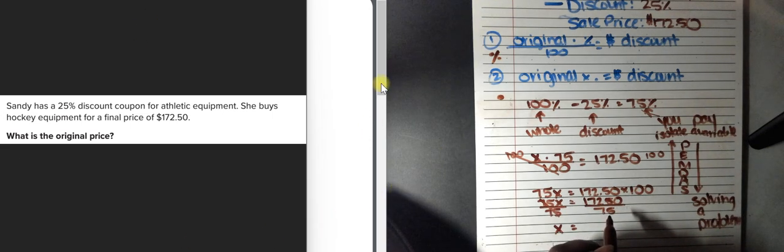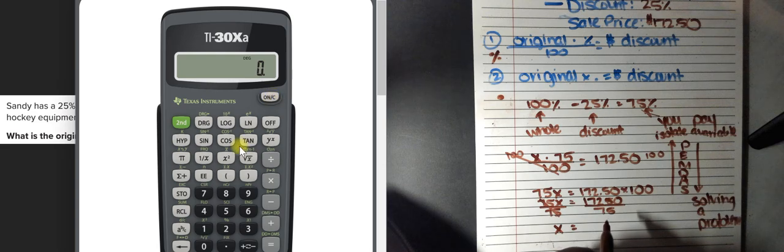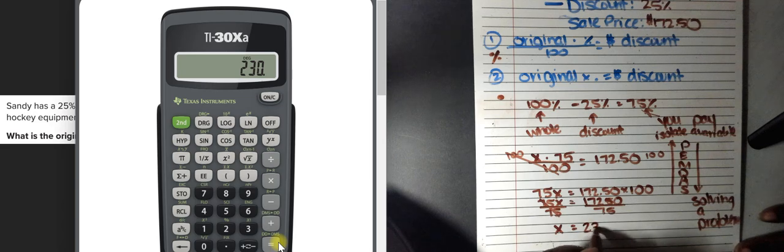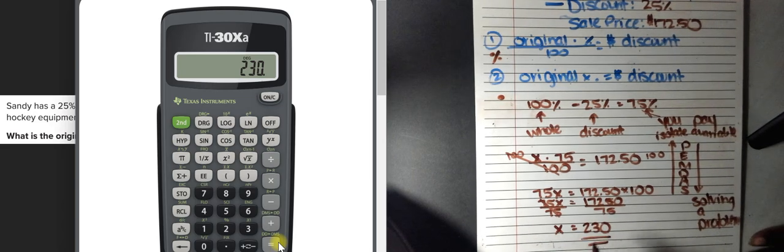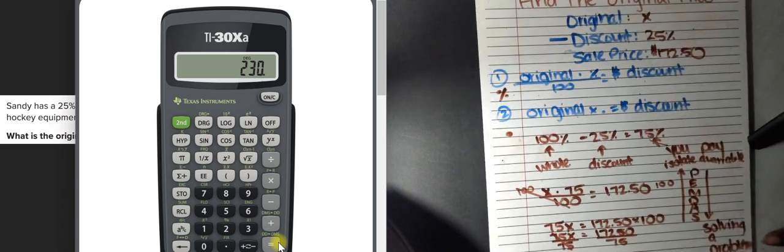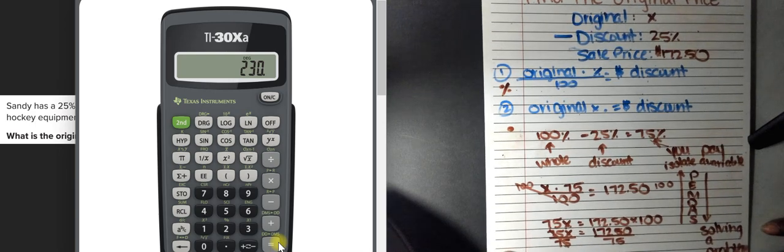Let's see what we get. We have 17250, and we're going to divide that by 75, and we are left with 230. So X is equal to 230. The original price was $230.